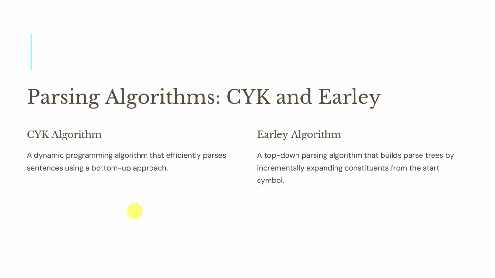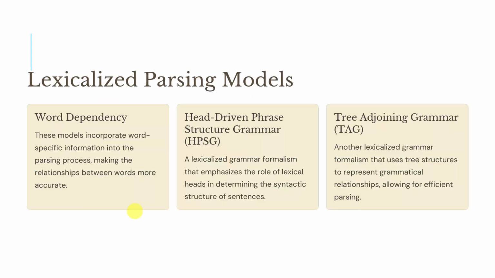So when we consider the Earley algorithm, we find the hierarchy of the grammatical structure of the words from top to bottom. When coming to CYK, we build the entire structure from the bottom to top approach. So what is the lexicalized parsing model?